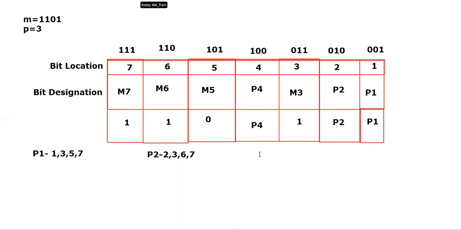Very similar to that, we also should calculate for the P4. For P4, let us first look into the third position. So let us consider the third position with respect to your P4. Do we have the third bit as 1?